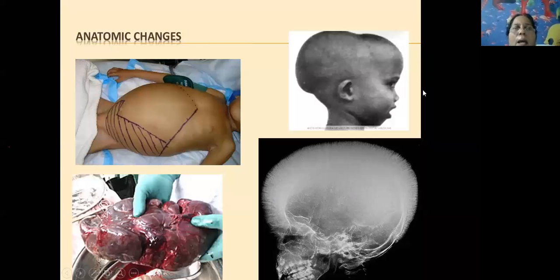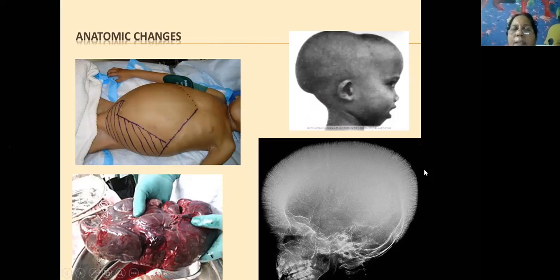Then other anatomic changes: the baby will have a huge spleen extending up to the right iliac fossa. And because of increased hematopoiesis everywhere, you see the inner table and the outer table, and it is called a crew-cut appearance.